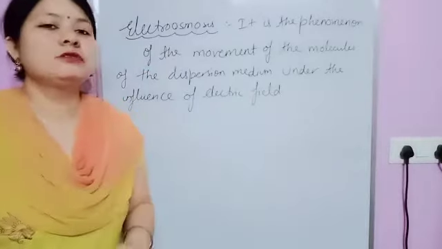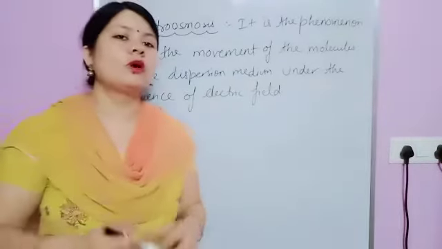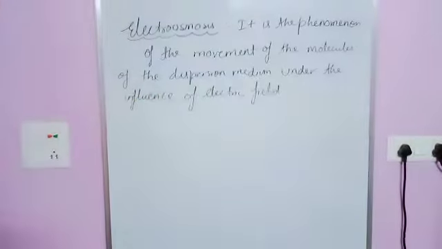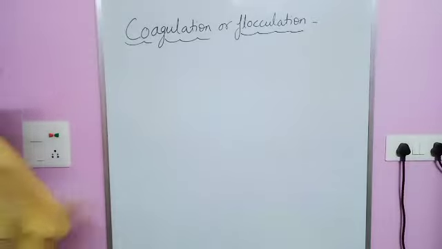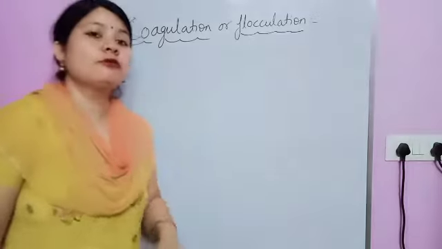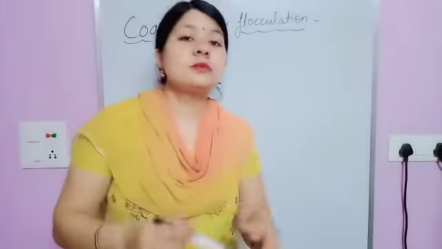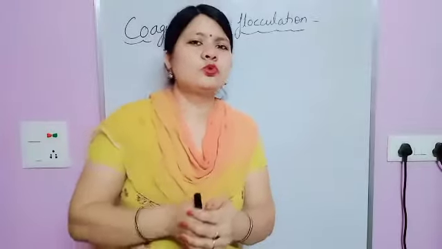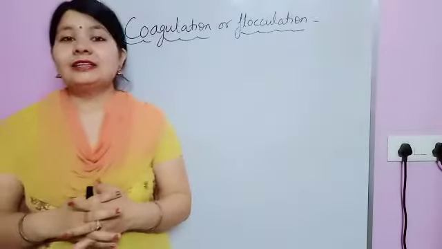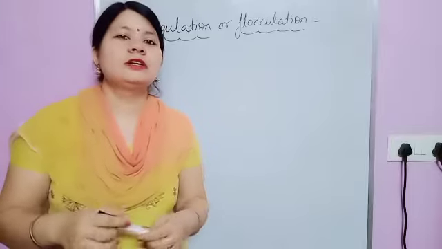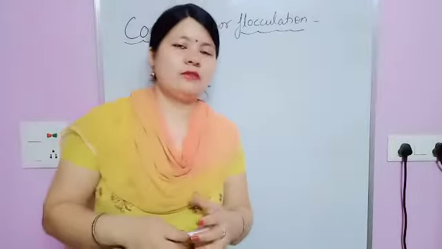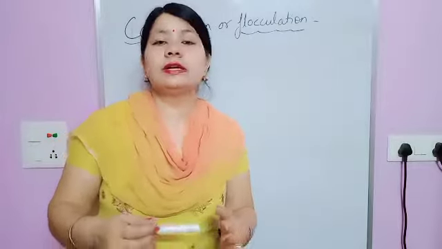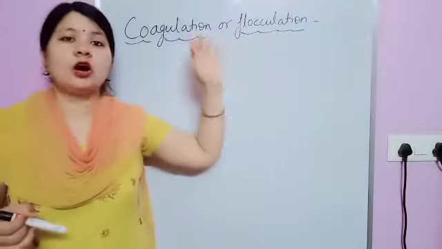Now another term we have is coagulation or flocculation. Generally this term is used for lyophobic colloids. Generally, in the case of colloidal particles, when we add some amount of electrolyte, they get coagulated.